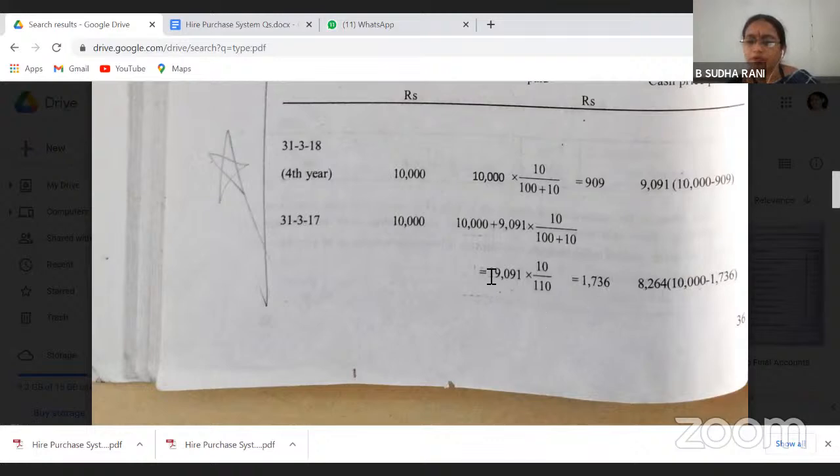Can one of you please do this calculation? 1736. Why is my calculator showing different? 19,091 by 110 into 10.